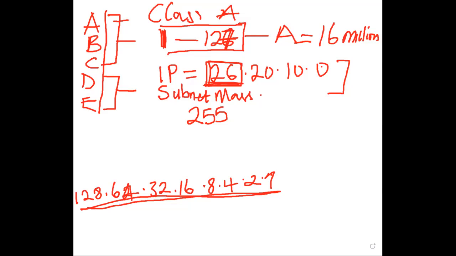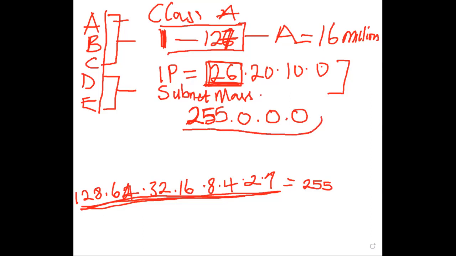Now, for an IP class A, the first octet of its subnet mask is completely filled, because if you add all of these together, it gives us 255. We have 4 octets for the subnet mask. The first octet is filled while the remaining 3 octets are zeros. This is an example of a class A subnet mask.